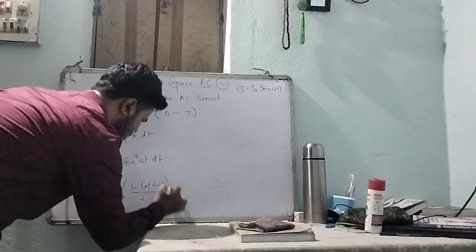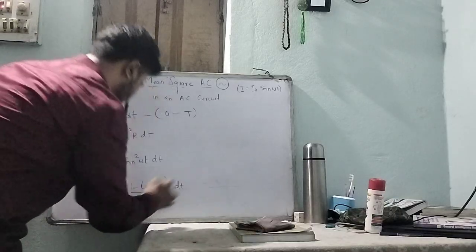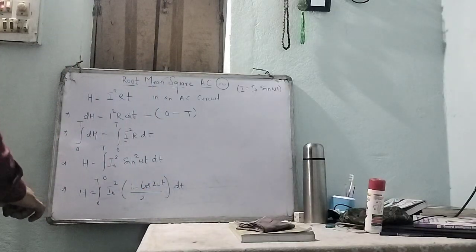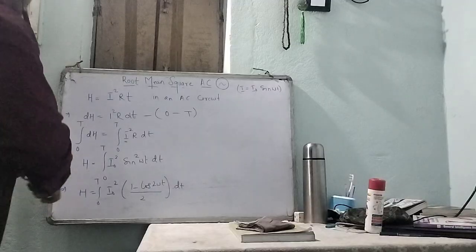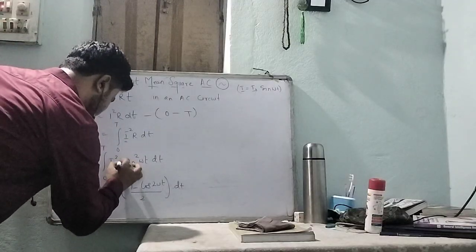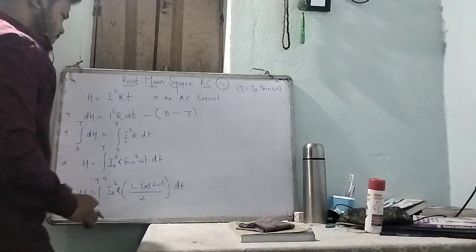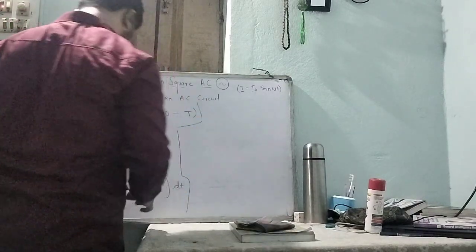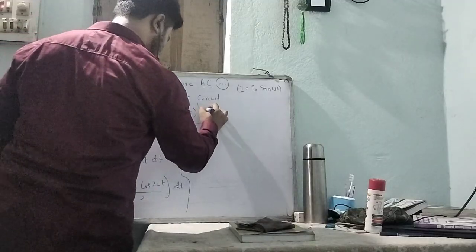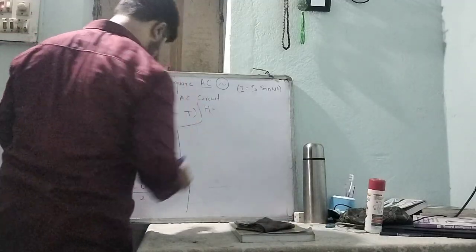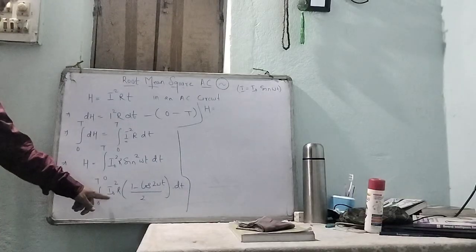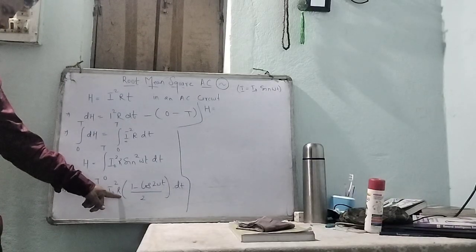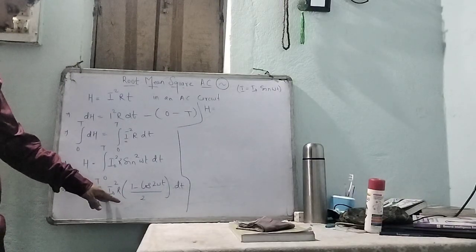into dt. Now, forget this R here. Solving it further, we get H, taking this I naught as a constant value, R is also a constant value. R is resistance, I naught is the maximum value of the current.